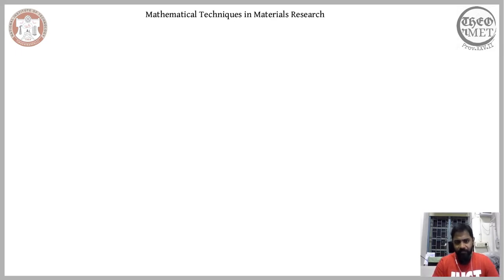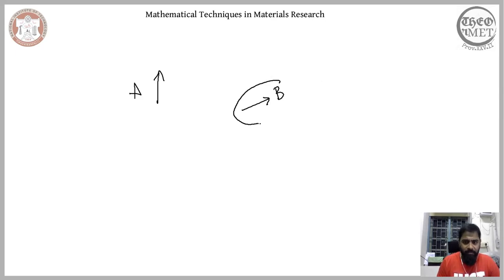Now, let us begin by imagining two vectors. Let's say vector A and another vector B. If I want to relate these two vectors, one possible way will be to bring my B vector to here, so that I have an A vector and a B vector.